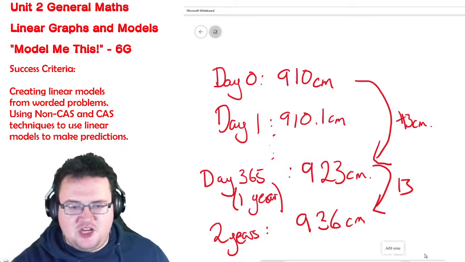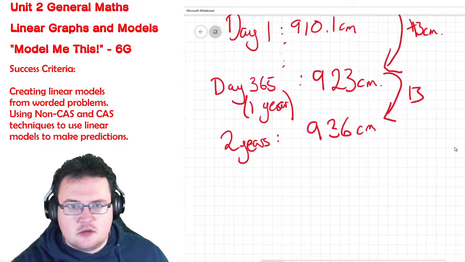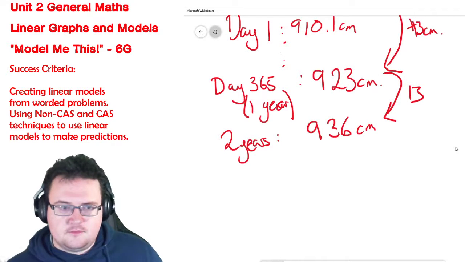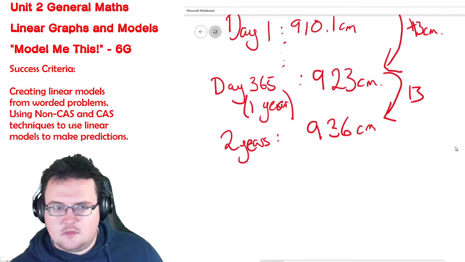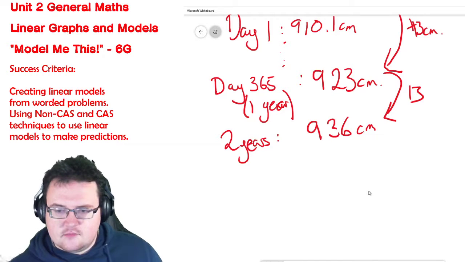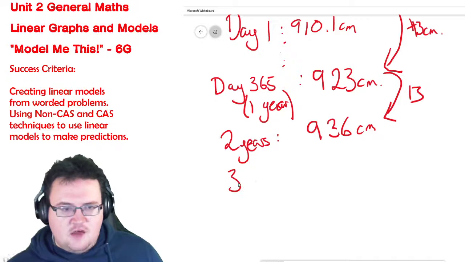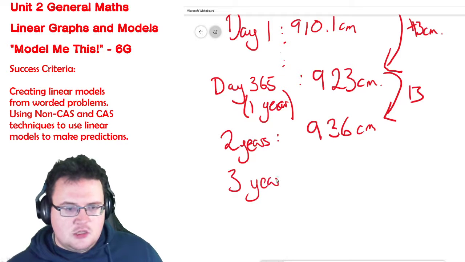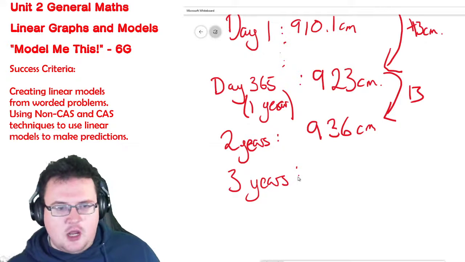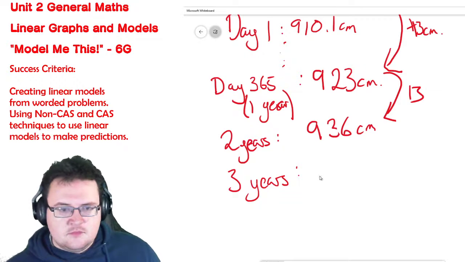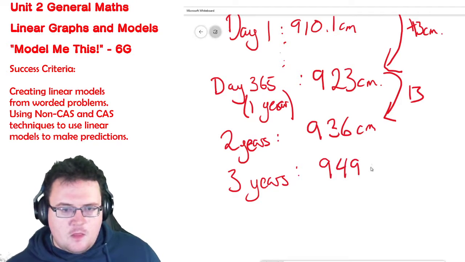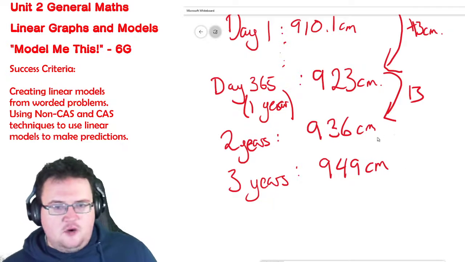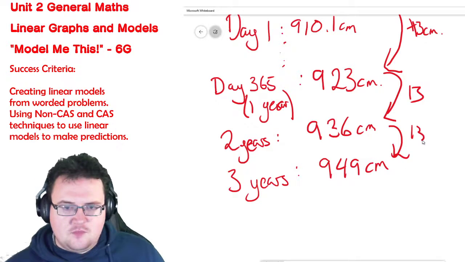Does anyone want to make a prediction at the end of next year? After 3 years, it's going up 13 centimeters each time. What's the next number going to be? Yep, 949 centimeters. There's another 13.